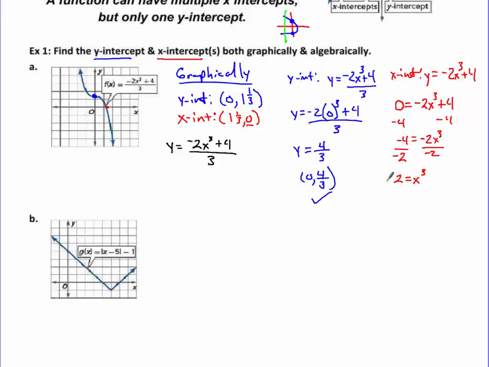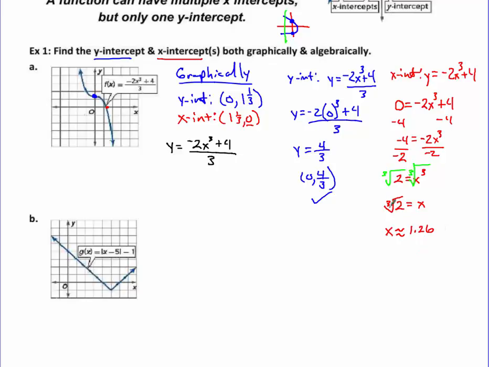To get rid of the cubed, I'm going to take the cube root of each side, and I'm just going to be left with the cube root of 2 equals x. Well, I don't know what the cube root of 2 is. I'm not a calculator, so I'm going to put that into my calculator and find that x is approximately 1.26.